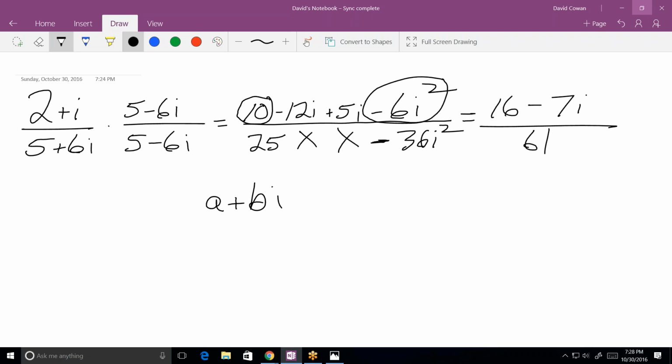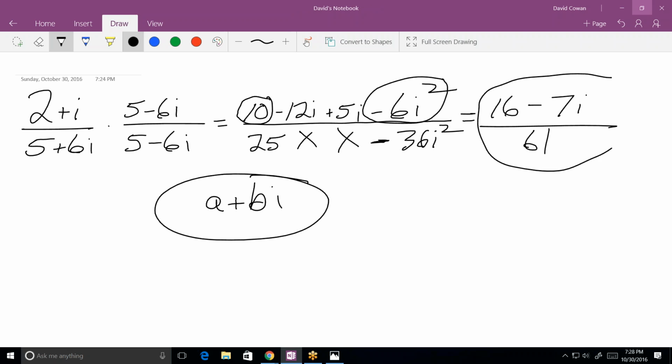There is a proper format for a complex number, and the proper format is a plus bi. At the moment, this is not in the proper format. It's got a real denominator, that's nice, but it doesn't fit the a plus bi format. In order to get it into a plus bi, we need to separate these fractions.